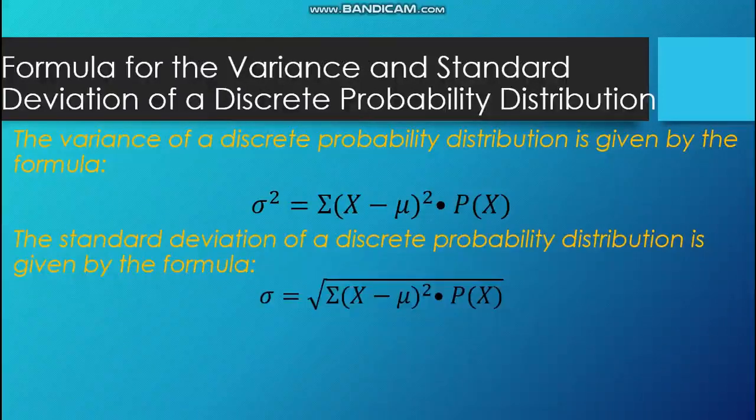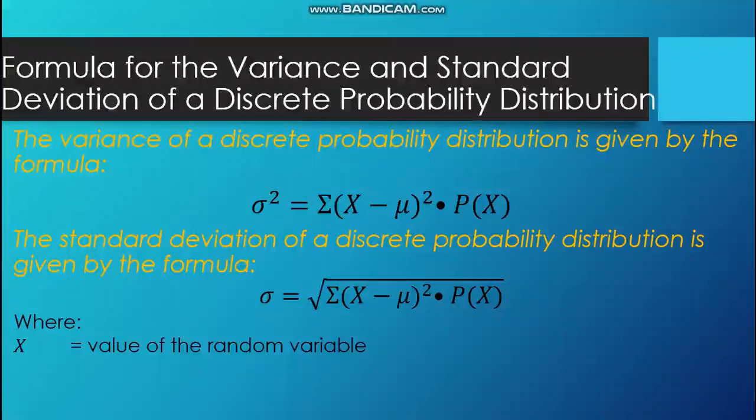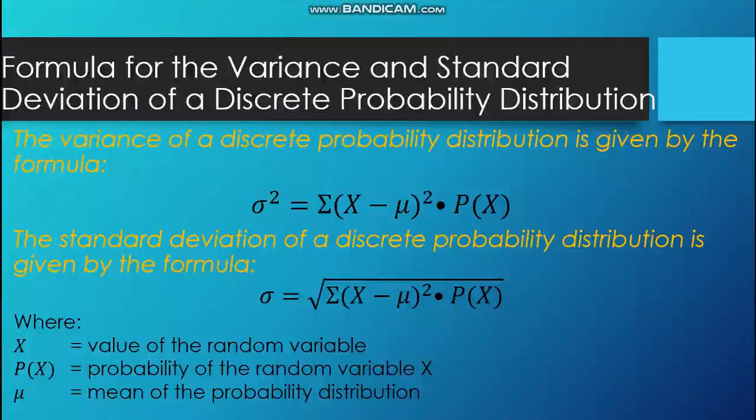For the standard deviation, all we have to do is get the square root of sigma squared. So that is already the standard deviation of a discrete probability distribution, where x is the value of the random variable x, p of x is the probability of the random variable x, and mu is the mean of the probability distribution.